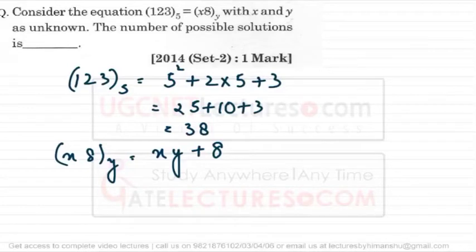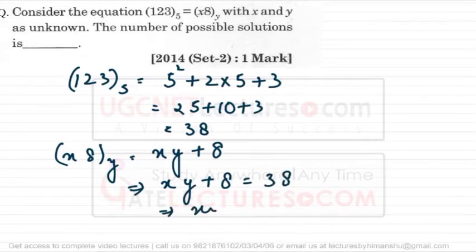Okay, cool. So now what you're getting is xy plus 8 must be equal to 38, which gives xy should be 30. So we've got two variables, x and y. X and y are unknown, and it's asking for the number of possible solutions. Just look at what can be the possible values for x and y. If x is 1, y can be 30.